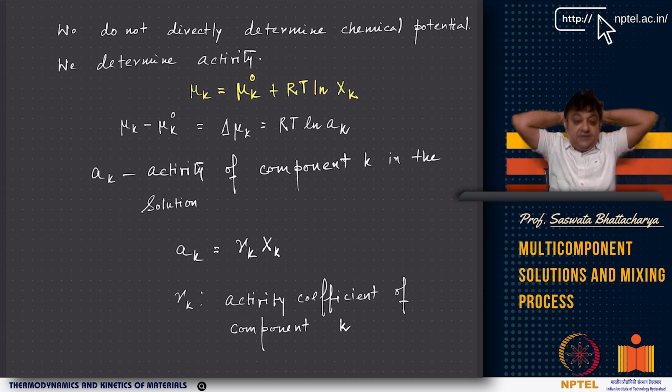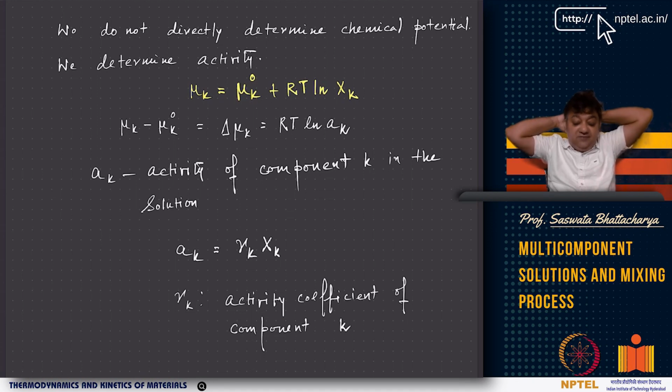As I told you, activity is related to the composition of the component in a solution. Looking at the definition, aK equals gamma K xk, where gamma K is the activity coefficient and xk is the actual composition of component K in the solution.